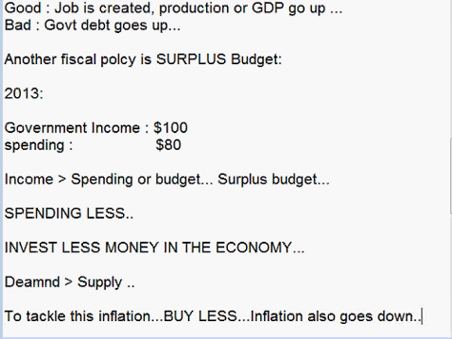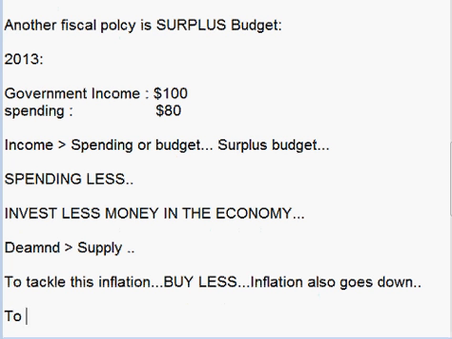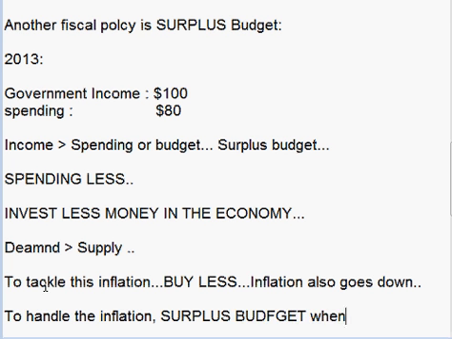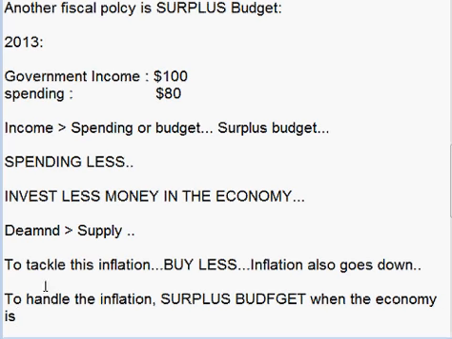That is why, to handle inflation, the government adopts a surplus budget when the economy is at full employment or overheated.